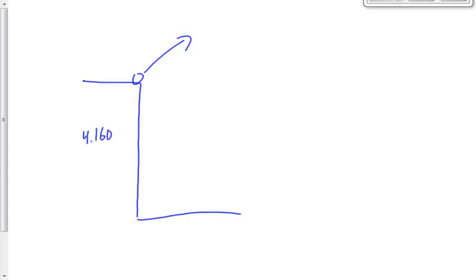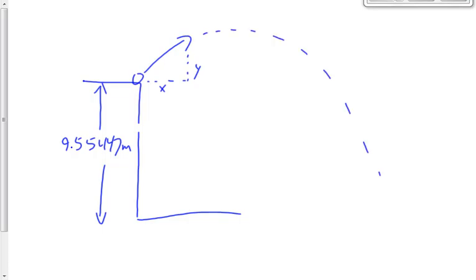Let's draw a picture of this now. This is like saying we're throwing a ball from a height of 9.55447 meters. This is our x component initial. This is our y component initial. And we want to find out how far the ball goes.